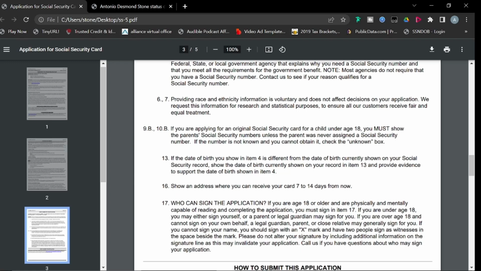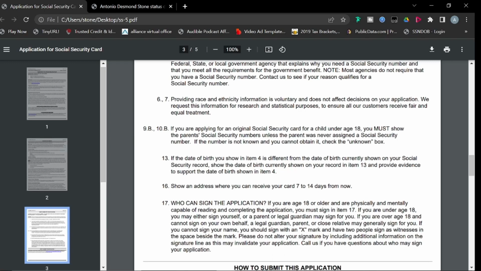Okay. If you cannot sign your name, you should sign with an X mark and have two people sign as witnesses in the space beside the mark. Please do not alter your signature by including additional information on the signature line, as this may invalidate your application.